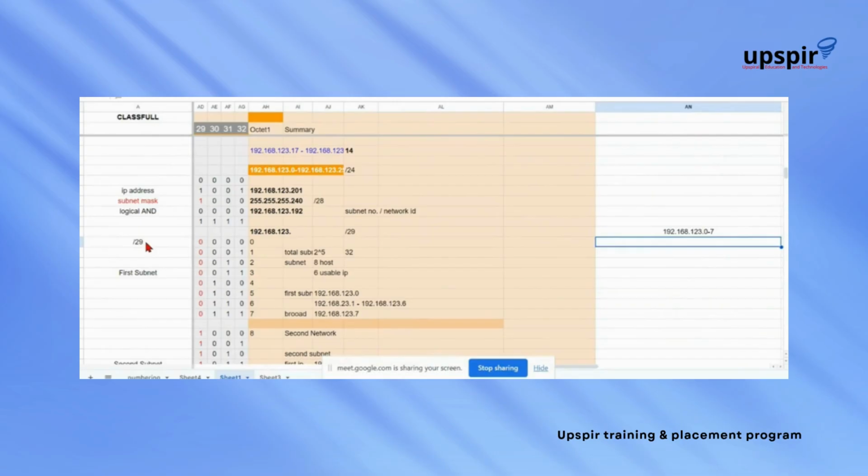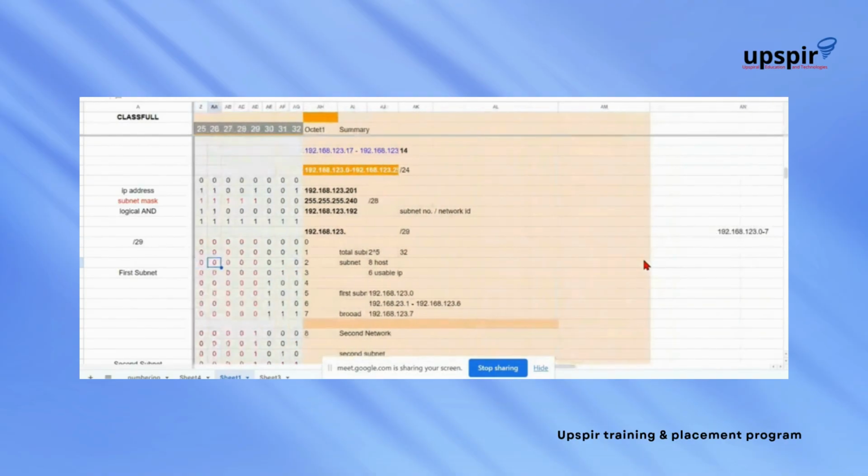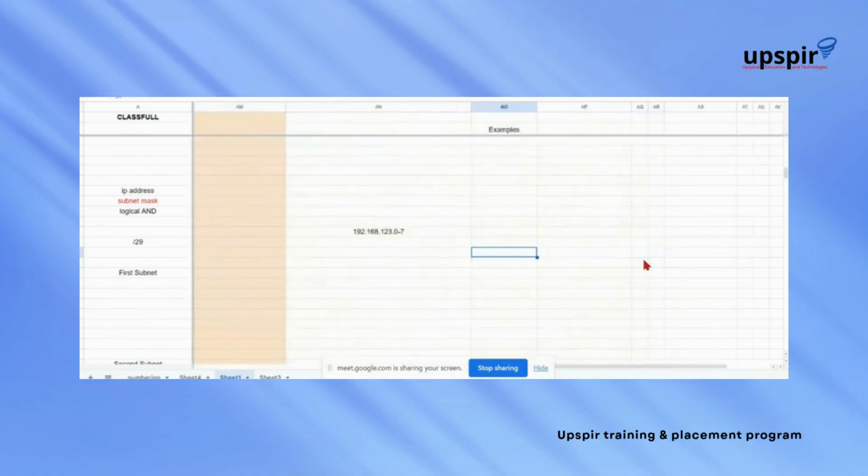If I am using a subnet mask of slash 29, how many subnets am I creating? So 32 subnets I am able to create. Total subnets will be 2 raised to the power of 5, which is 32. And each subnet will have 8, or rather, 6 usable IP addresses.